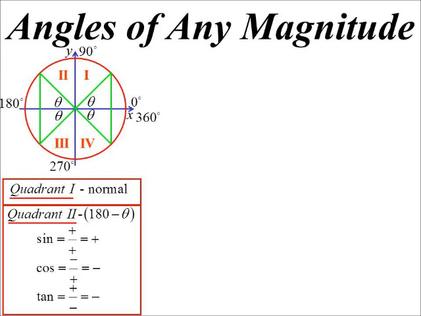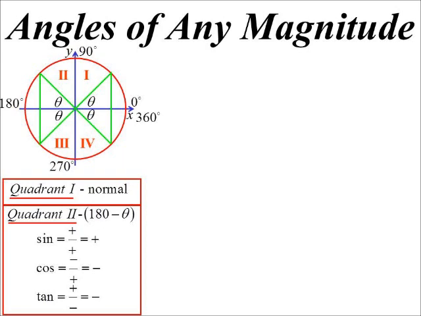And the hypotenuse is simply a distance, and distances are always positive. So we've got positive over positive, so the sine ratio is positive in the second quadrant. If we look at cosine, adjacent, well the x value would actually be negative in the second quadrant. So we get negative over positive, so cosine is negative. And similarly, with tan, the y value, or the opposite side, is positive, the adjacent side is negative, so we get negative. So that's how we get the sign of our different ratios.